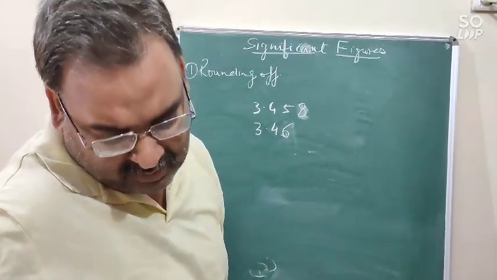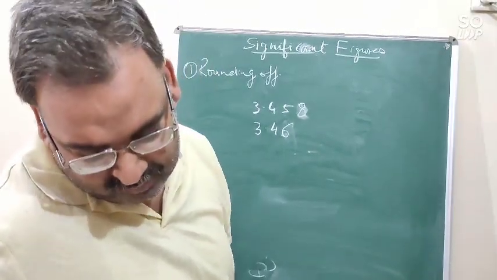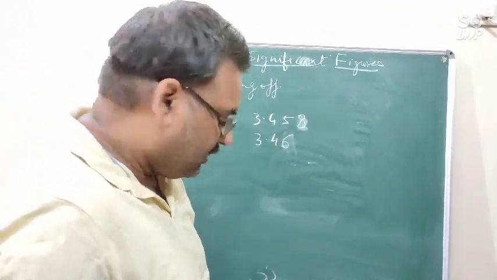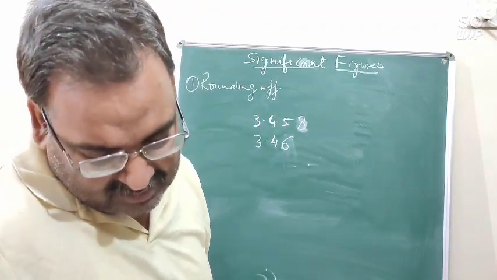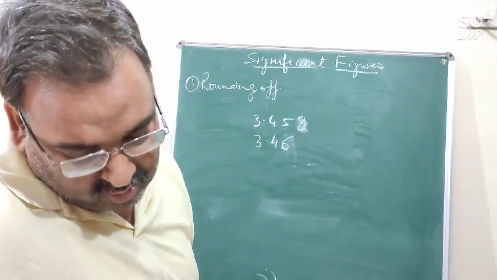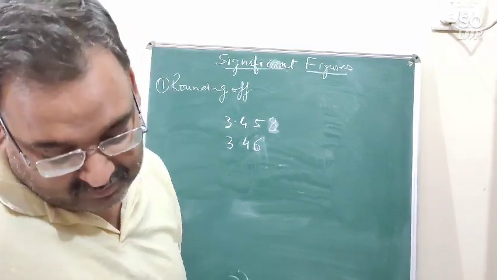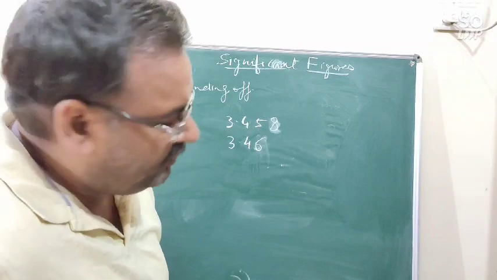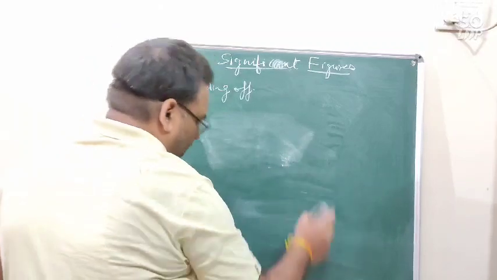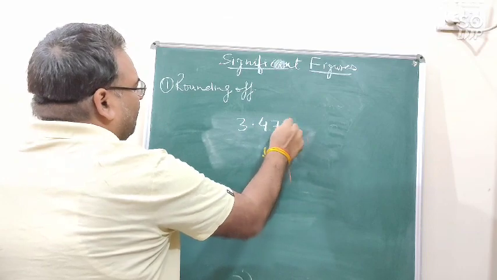Then the third one. If the digit to be dropped is equal to 5 or 5 followed by zeros, then the preceding digit to be retained is increased by 1 if it is odd, and unchanged if it is even. For example, we have the number 3.475.